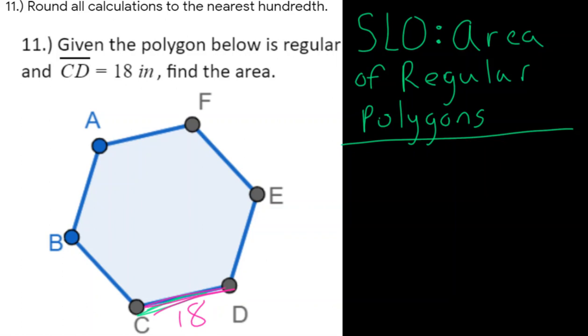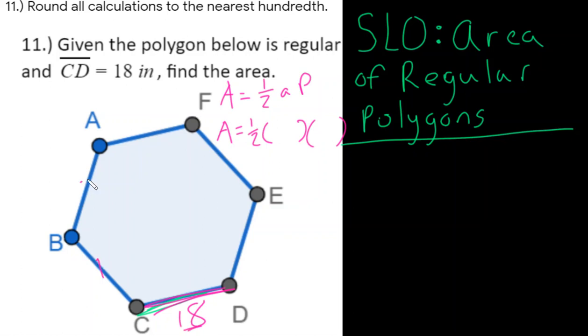Now the problem we run into here is that the area of a regular polygon is really 1/2 the apothem times the perimeter. And when we go through here and we ask ourselves, well, what things do we know? Well, we know 1/2, of course, but we don't know what the apothem is, but we do know the perimeter. We can just take this side 18 and multiply by the number of sides.